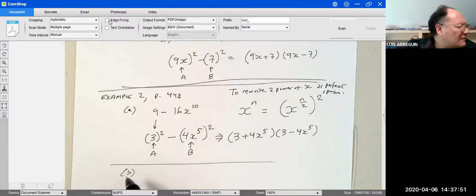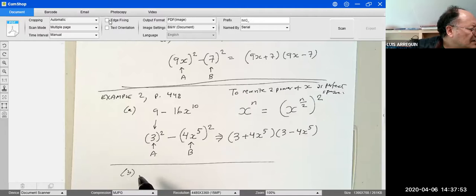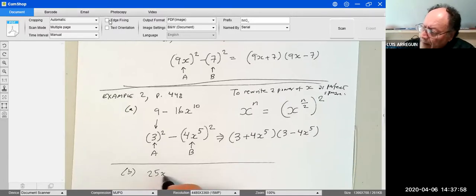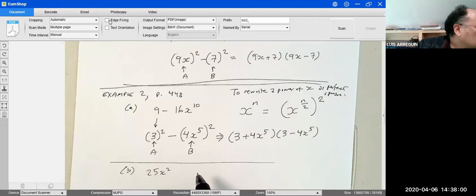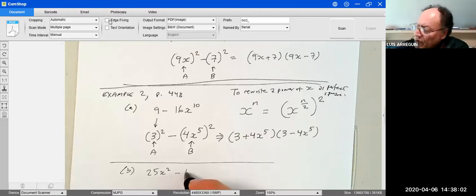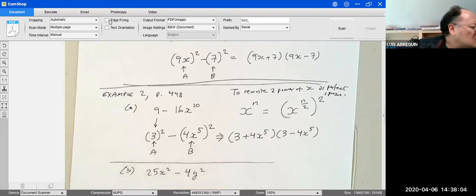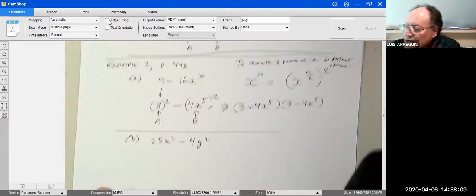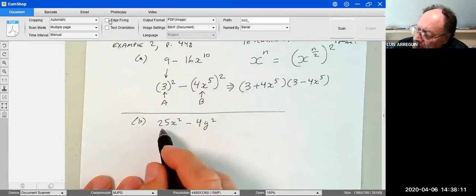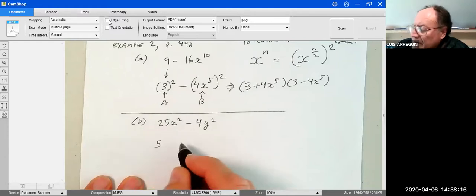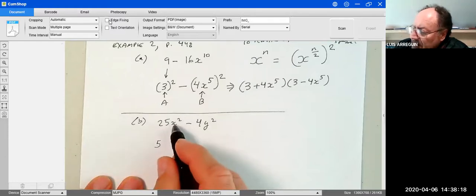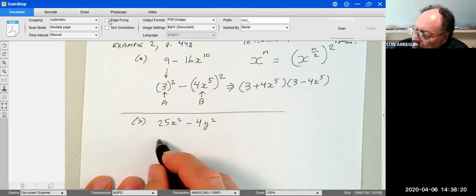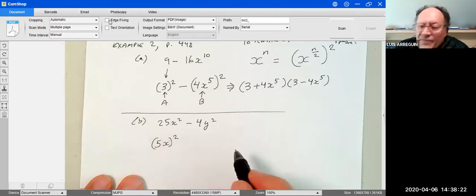The second problem from the same example is 25x squared minus 4y squared. So again, we need to rewrite this as perfect squares. So the first one, what is the way that you're going to write the coefficient? It's going to be 5, because 5 squared is 25, and x squared is just x, and then you square everything.